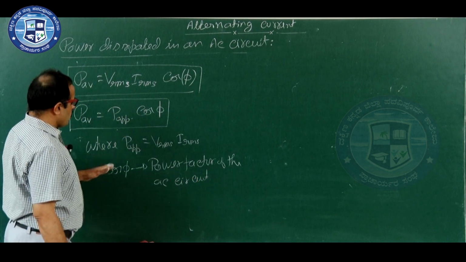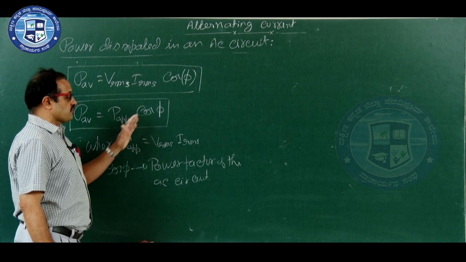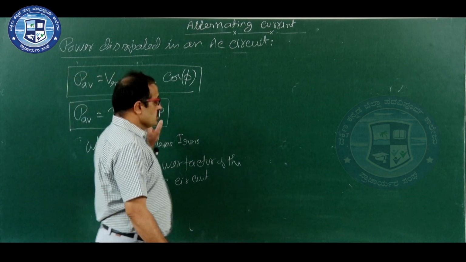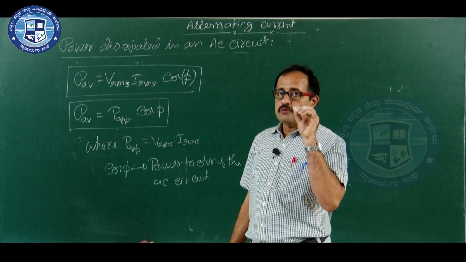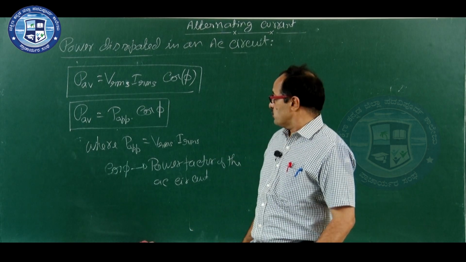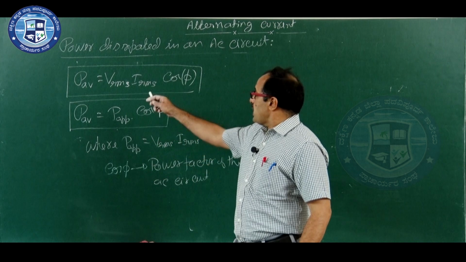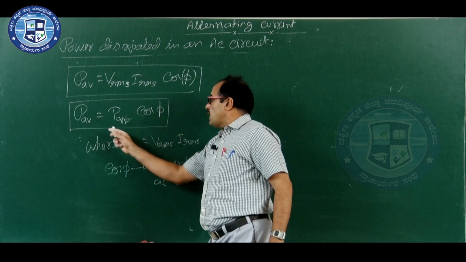Why this term cos phi is known as power factor of the circuit? The reason is this cos phi that actually decides what is the power consumption in the AC circuit. Moreover, VRMS and IRMS is known as apparent power.